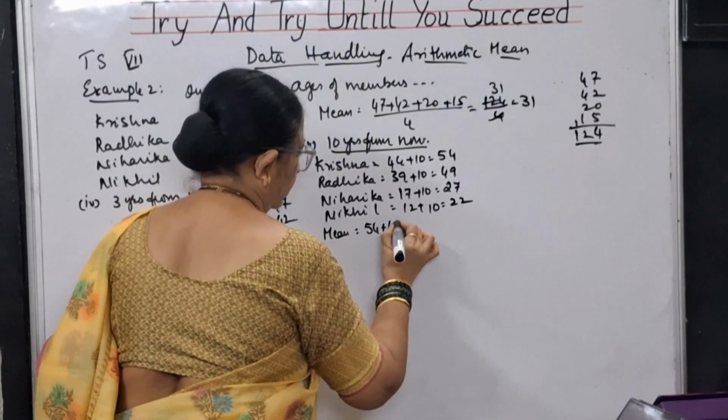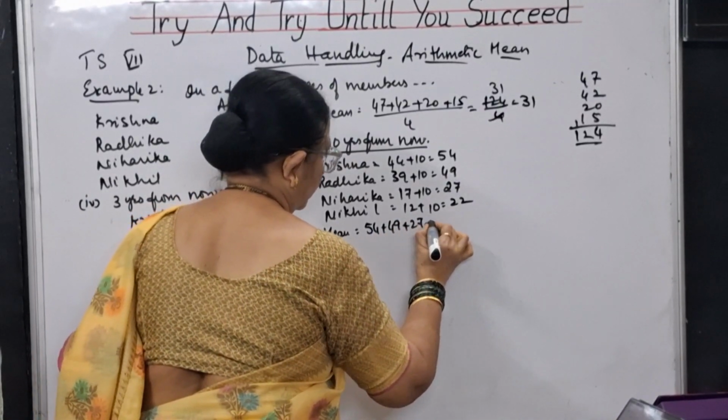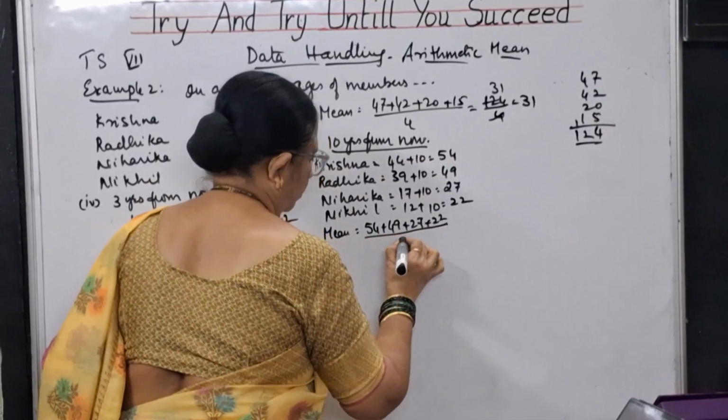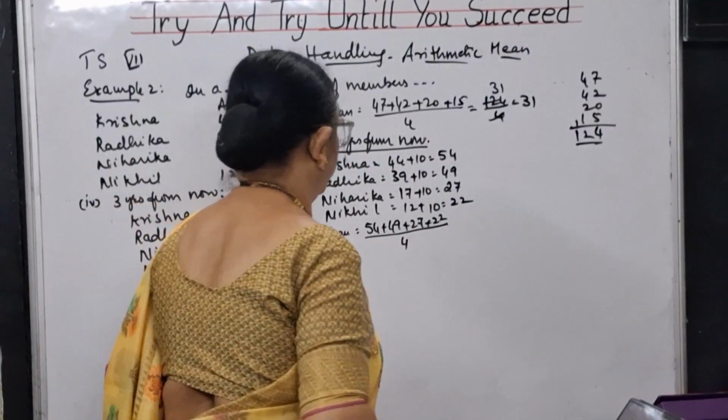54 plus 49 plus 27 plus 22 divided by 4.